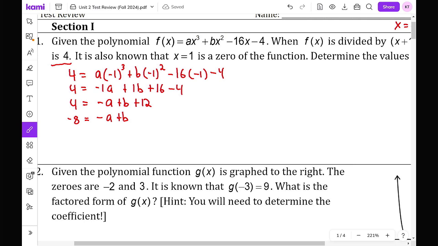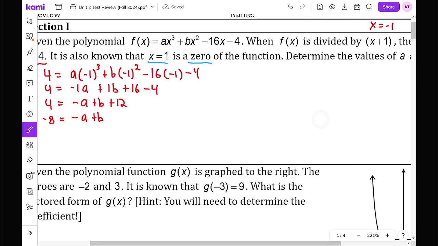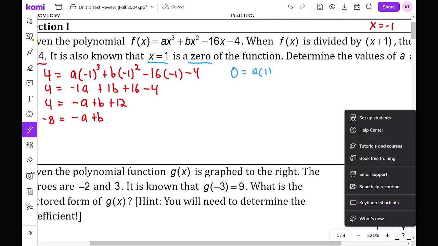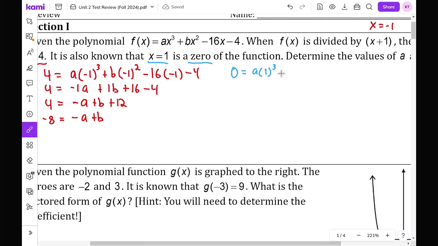But it also says now this time when x equals 1, that's going to be a 0. So when something's a 0, I can go ahead and then set that equal to 0. So I'll do the same thing again. So 0 is going to be equal to a times 1 cubed plus b times 1 squared minus 16 times 1 minus 4.